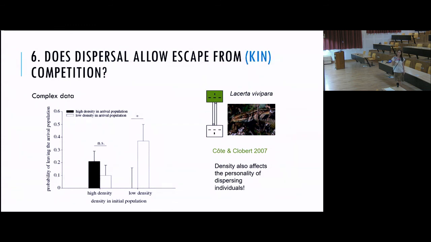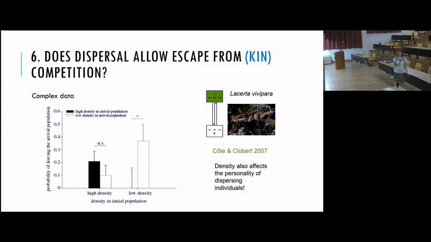And they looked at this probability depending on the density in their patch of origin and the density in the patch where they had attempted to disperse. So for individuals that dispersed from a population that was initially of high density, it did not make a difference whether they arrived in a population with a high density or a low density.